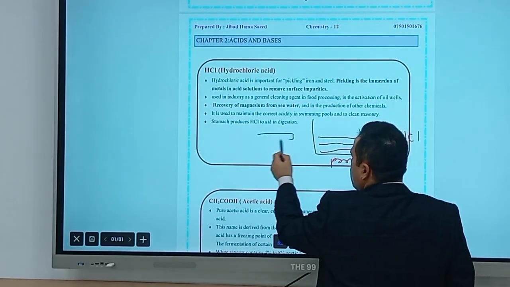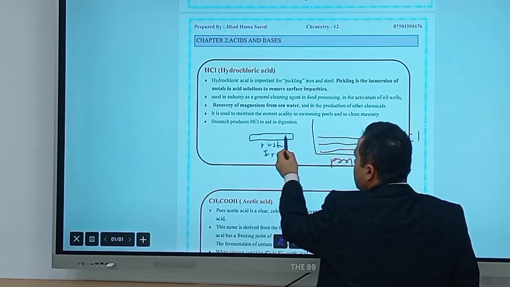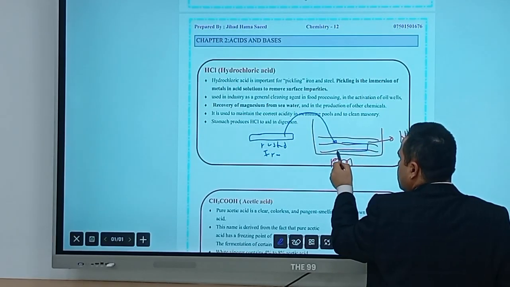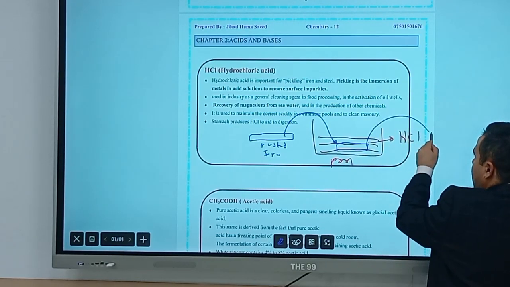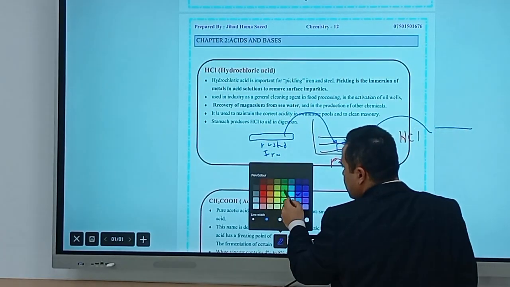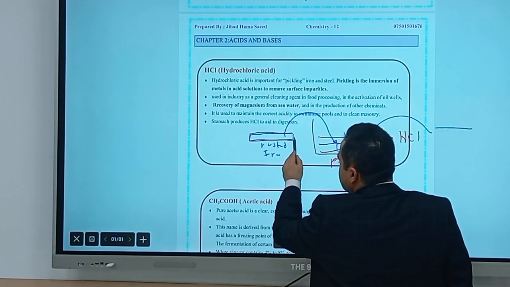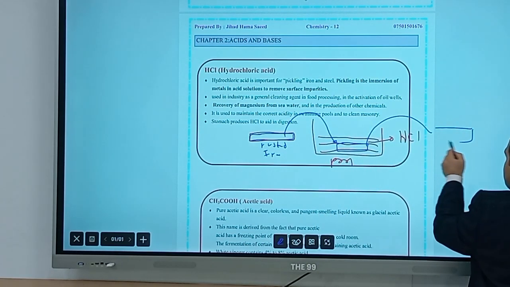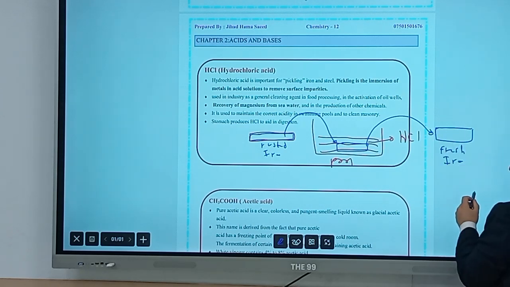For example, suppose we have a piece of rusted iron or steel. When we immerse this piece of rusted iron into the HCl solution and it stays for a period of time, it removes the impurities on the surface. Suppose the red line is the impurities on the surface; it removes the impurities, and it becomes fresh iron without impurities.